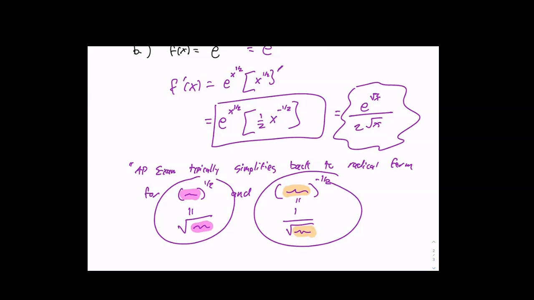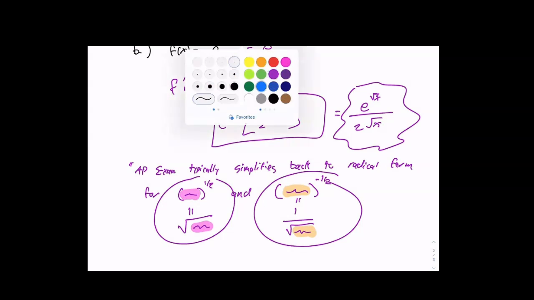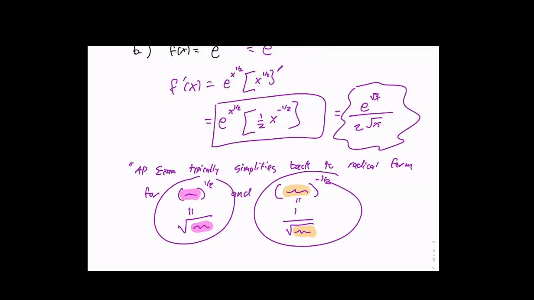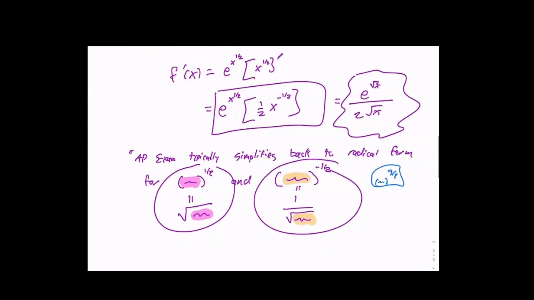But all the others we just leave alone. If it was a 3/2 power, we just leave 3/2 as 3/2. Blah to the 3/2, we just leave it like that. If it's not a 1/2 power, we're not going to worry about it. It's not going to simplify for us.